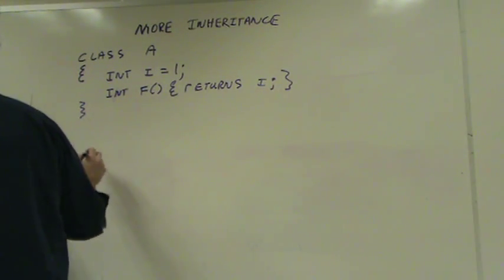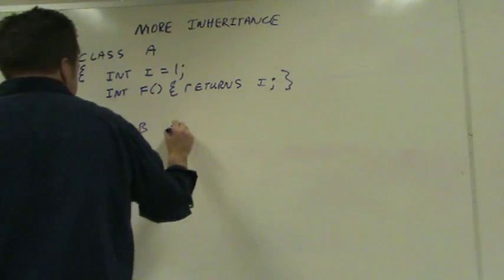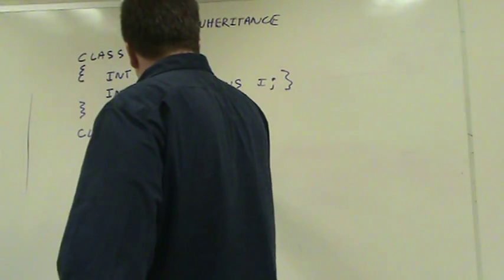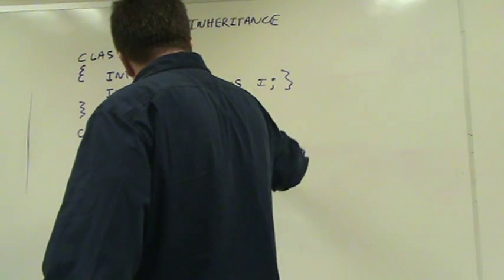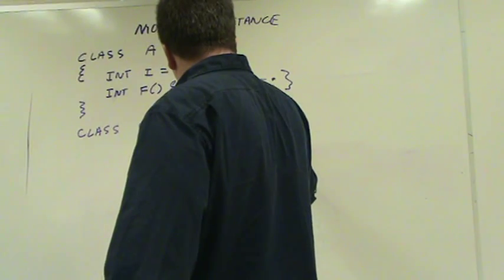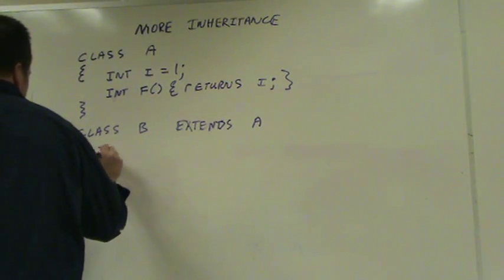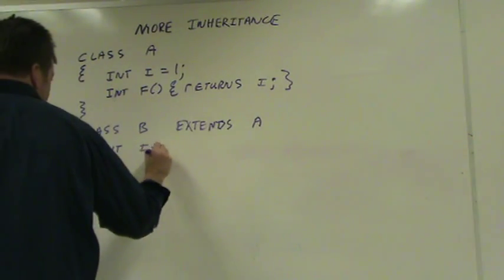And that's that class. And now we have a second class, B, which extends A. It has its own integer, i, which equals 2.